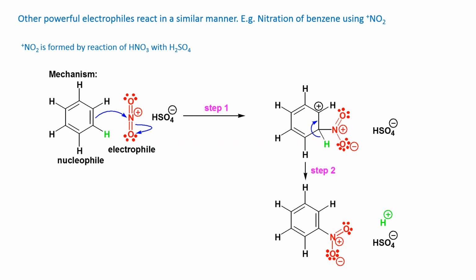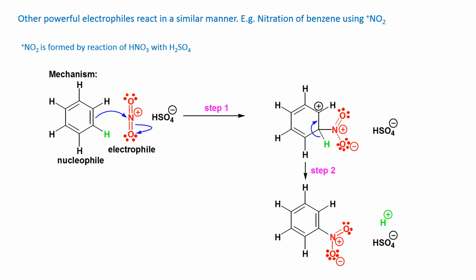If we take NO2+ in the presence of a benzene ring, you can see this is a powerful electrophile with a formal positive charge. And so benzene reacts as a nucleophile, attacking that electrophile using one of the double bonds in the ring. In that process, we form a bond to nitrogen, but the nitrogen atom in this electrophile already had a full octet of electrons.